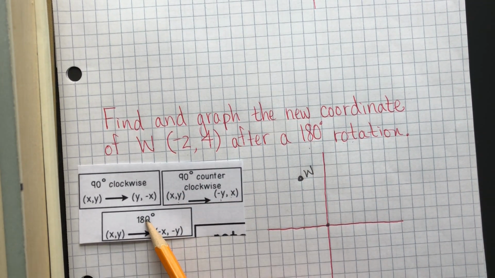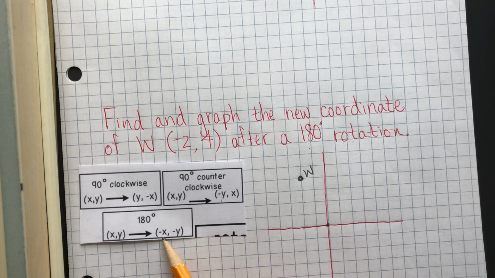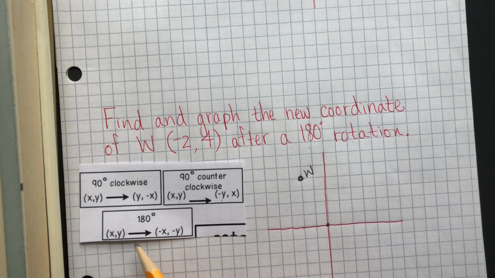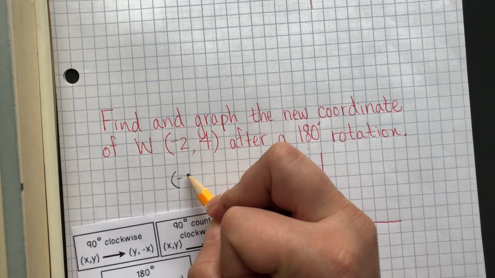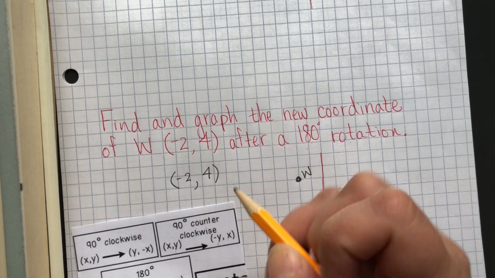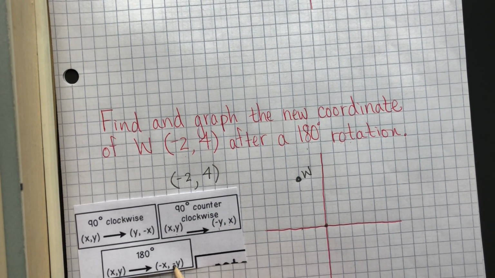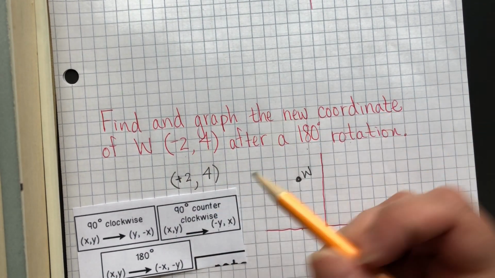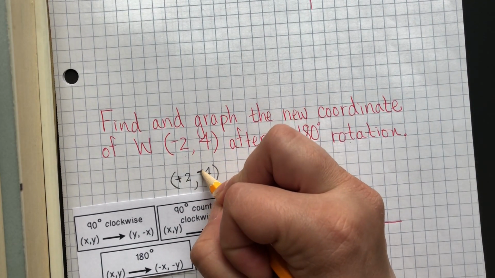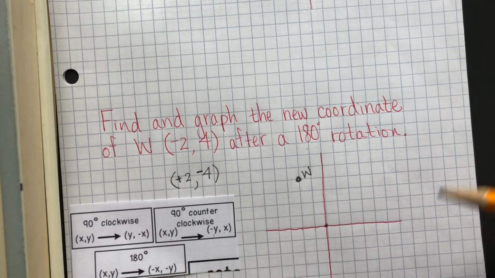So here's 180. And our rule is -x, -y. So this time our x and y stay where they originally were. I'm just changing the sign on it. So I'm just going to copy this down the way it is and change both of my signs. So if it was negative, it is now positive. If it was positive, it is now negative. That's how easy those are.